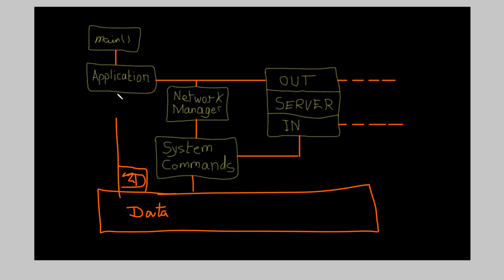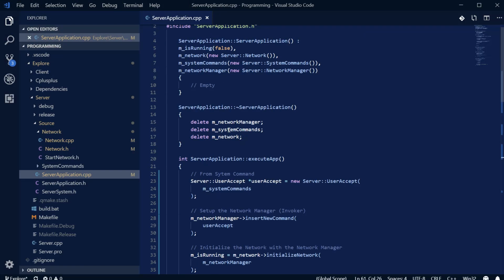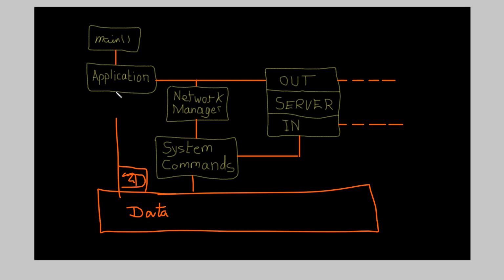Does our application have access to the system commands? So we can look and find out. Our application has system commands. So we have got the system commands. So we do have a line coming down there that's missing and a line going across there that's missing.